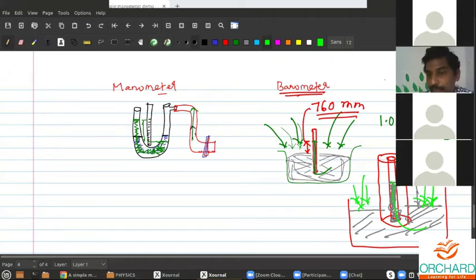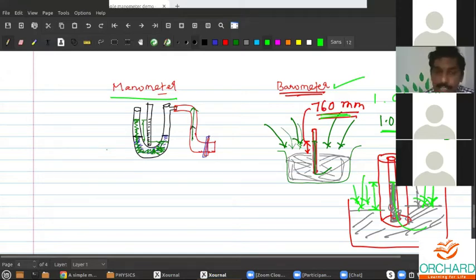In SI units, it is 1.013 × 10^5 Newton per meter squared, or Pascal. This is the value of 1 atmospheric pressure. Is that clear? And using a manometer, you can calculate the pressure of a particular gas or air inside.